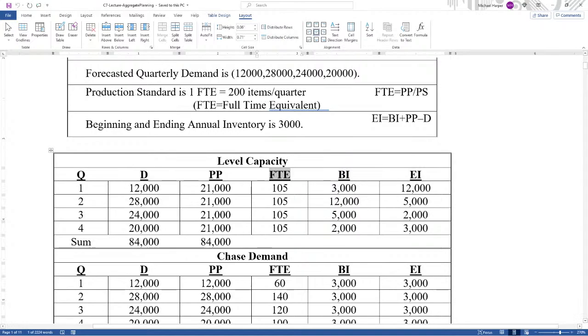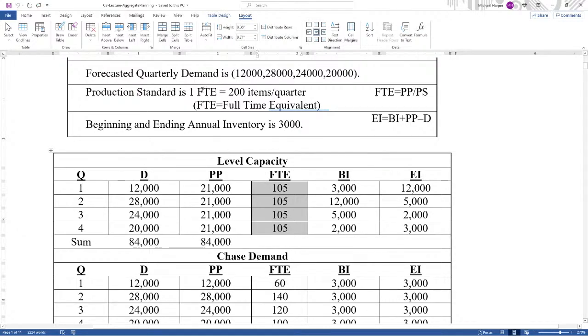Let's suppose we are given a production standard that relates our capacity in FTEs to our productivity in items per quarter: 1 FTE capacity equals 200 items per quarter of output productivity. That's our link between capacity and productivity. How much capacity do we need for 21,000 units of production?